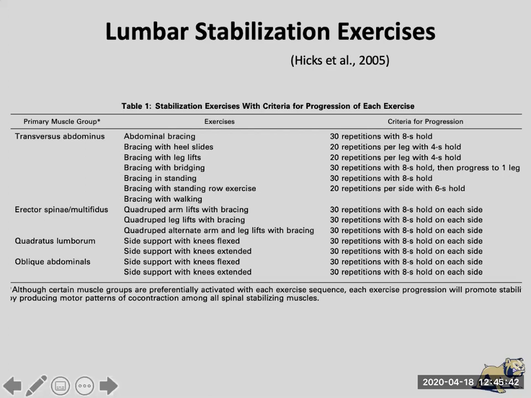And quadruped, starting in the quadruped position and lifting an arm or lifting a leg, which we'll see on the next slide here, and progressing on towards alternating lower extremity and upper extremity. So if lifting the right arm, lifting the left leg at the same time. And side bridge as well. These all being very common exercises that we'll see for lumbar stabilization.